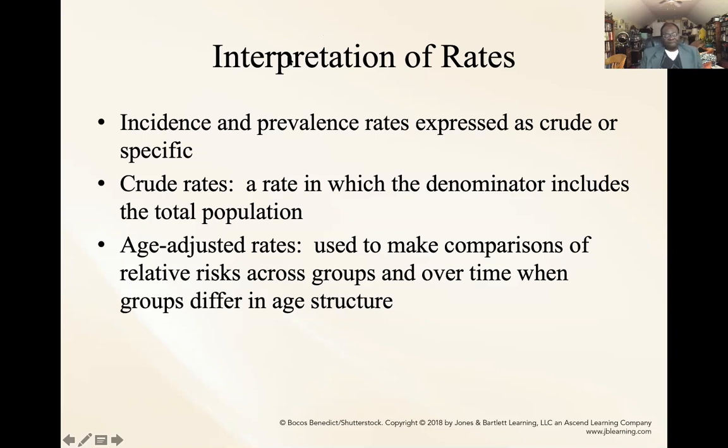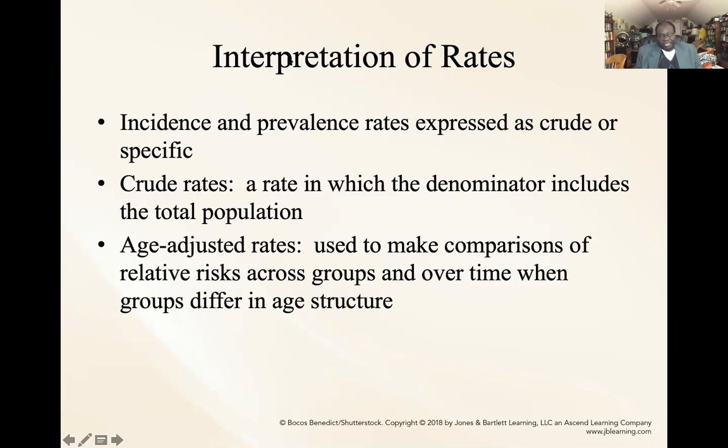Now you have the interpretation of rate. Again, we're talking about mathematical concepts here. Incidence and prevalence rate are expressed as crude or specific. Crude rate is a rate in which the denominator includes the total population.